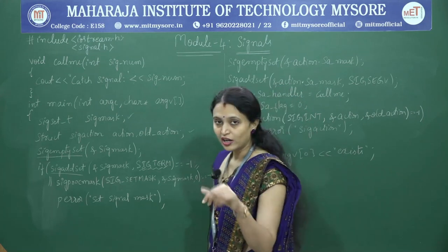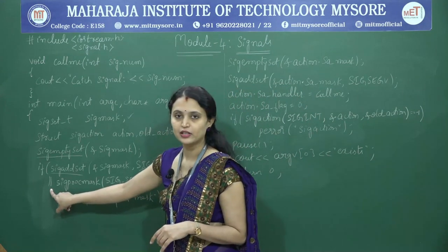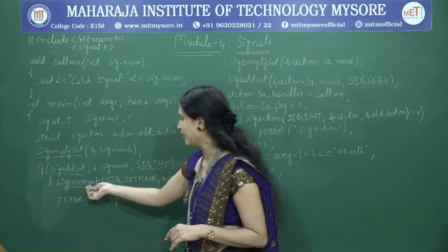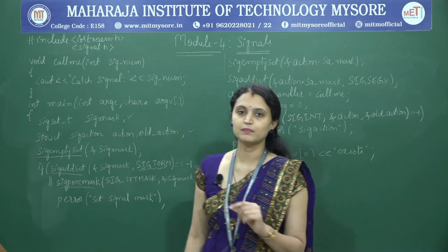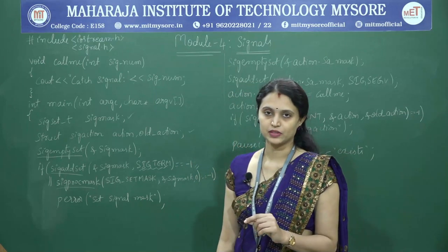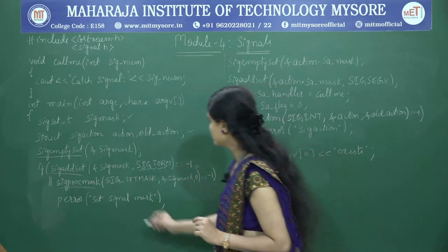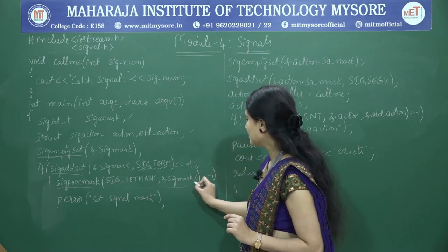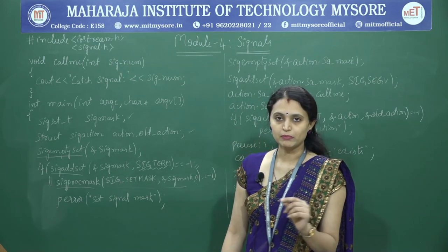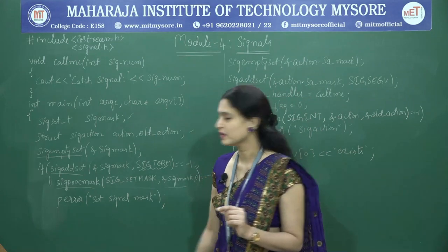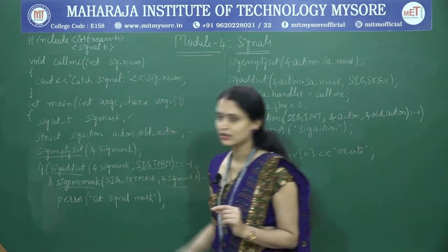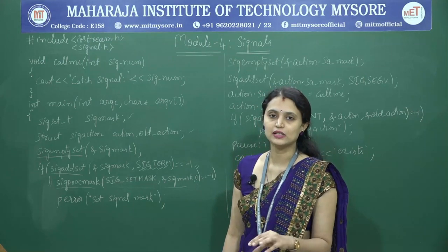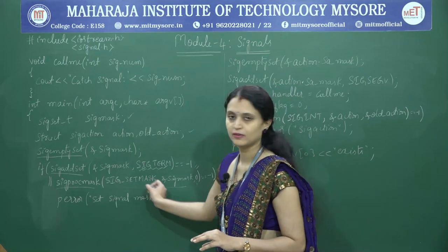Or, I am calling one more API, that is sigprocmask. I am passing the command value, then the signal mask, and then 0. If you remember the importance of sigprocmask, it will block the list of signals mentioned here.